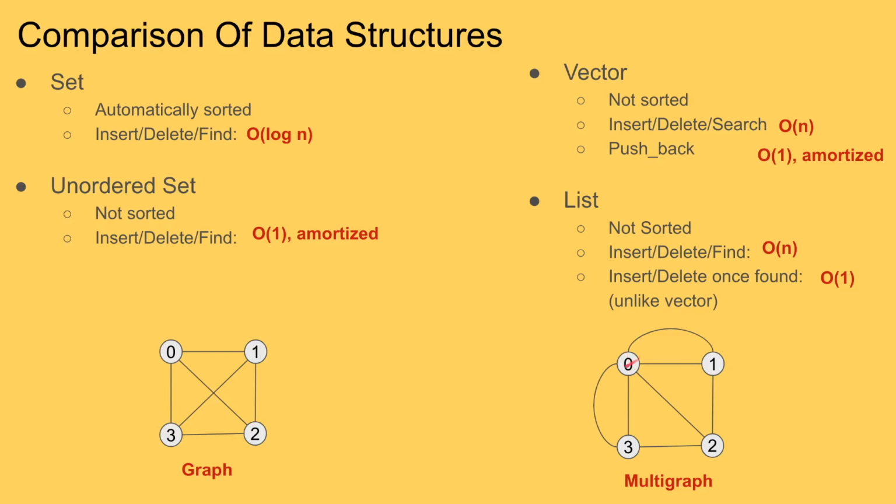There were multiple bridges between two nodes. Now, if you pick a set or unordered set, you cannot represent a multigraph because a set cannot have a repetitive item. Therefore, if you want to represent or implement an algorithm that runs on multigraphs, you have to pick a vector or a list.